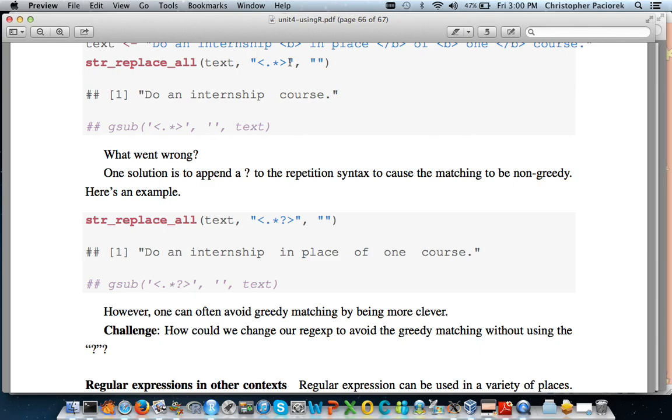Yeah, Alex. Okay, so one possibility would be to say I just want one thing in here, except for HTML tags, that there are going to be HTML tags that have more than just one character in them. So that.